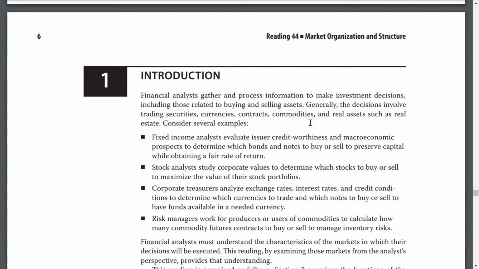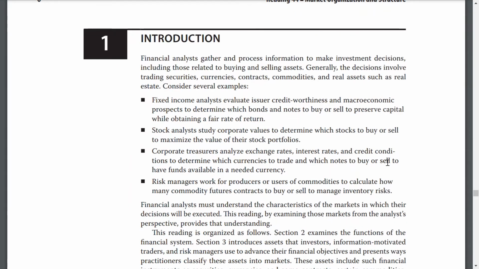Stock analysts study corporate value to determine which stocks to buy or sell to maximize the value of their stock portfolios. Corporate treasurers analyze exchange rates, interest rates, and credit conditions to determine which currencies to trade and which notes to buy or sell to have funds available in needed currency.